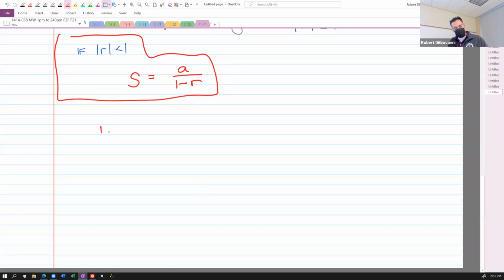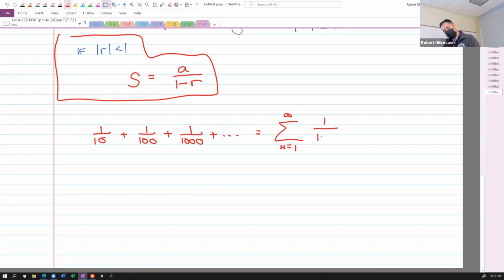If we take 1/10 plus 1/100 plus 1/1000 forever, I can look at that as being the sum n equals 1 to infinity of 1 over 10 to the n. Do we agree? You plug in 1, then this is 10 squared, 10 cubed. So that's the formula for it.